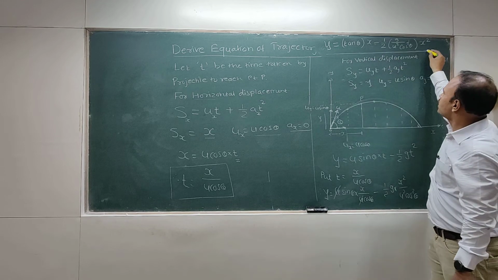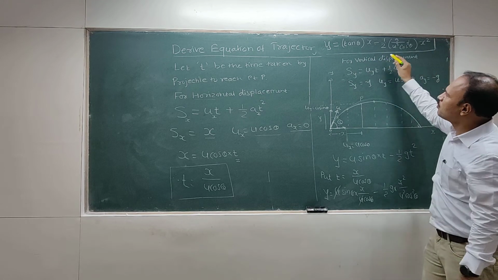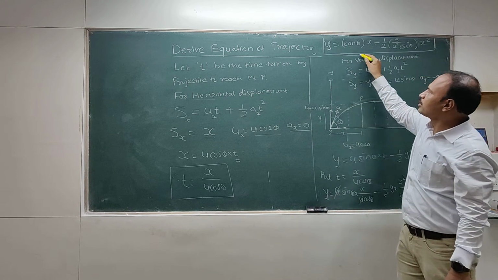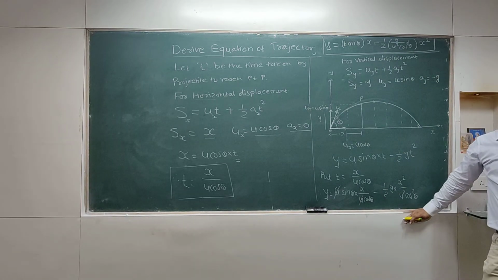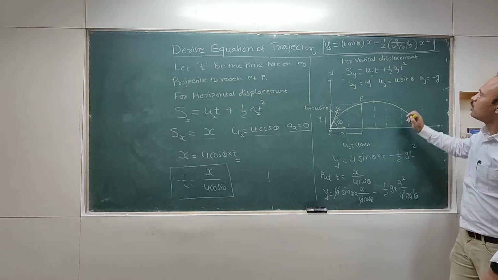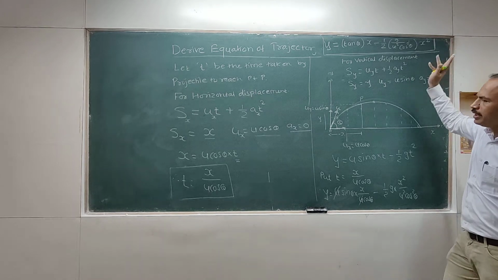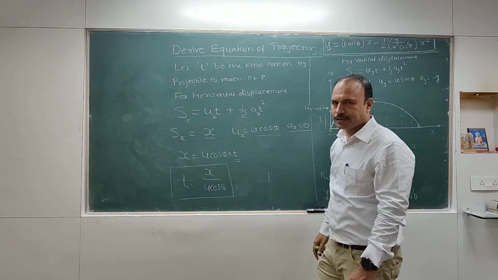This equation is the first form of the equation of projectile. y equals tan theta x minus half g upon u square cos square theta into x square.